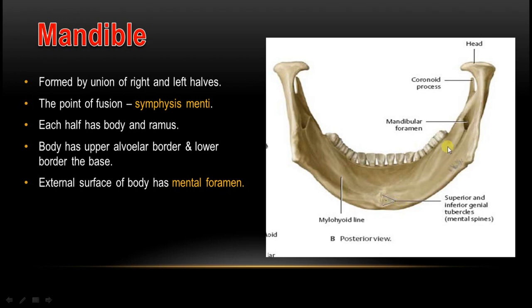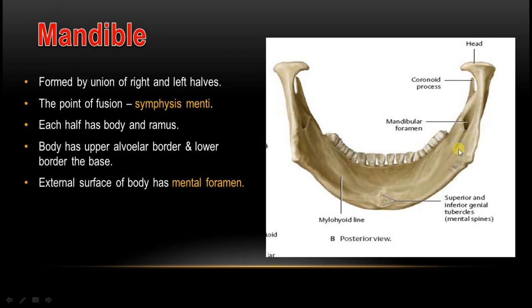From the mylohyoid line the mylohyoid muscle will originate, and more posteriorly the superior constrictor muscle of the pharynx also originates. Then above, near the molar teeth, the lingual nerve comes in close approximation to the mandible.